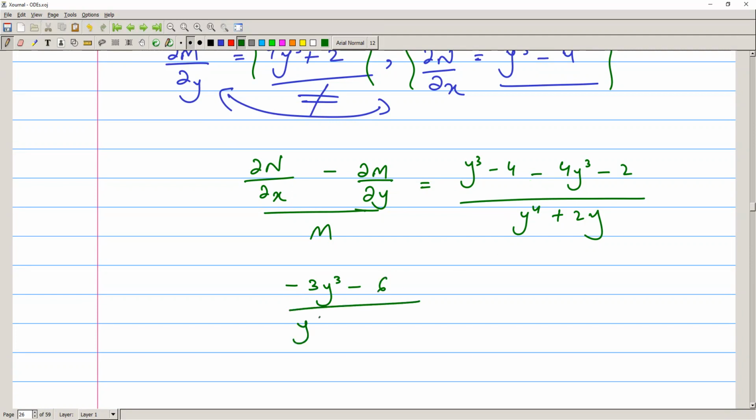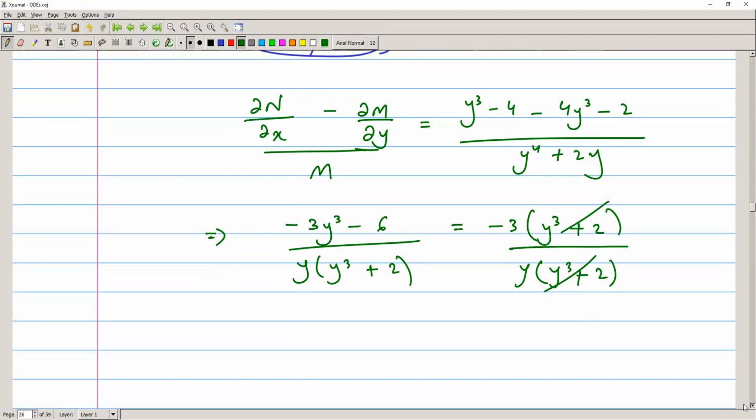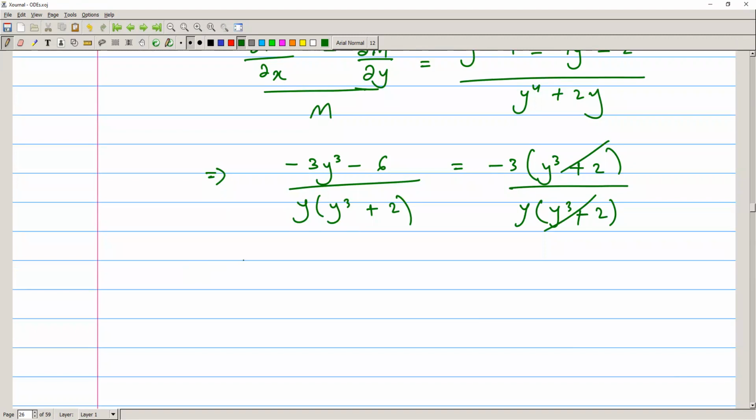Dividing, y is common, so y^3 plus 2 inside the bracket, and then this equals negative 3 is common, take it outside, (y^3 plus 2) divided by y times (y^3 plus 2). So y^3 plus 2 cancels out, and we are left with negative 3 over y, which is a function of y only, right?